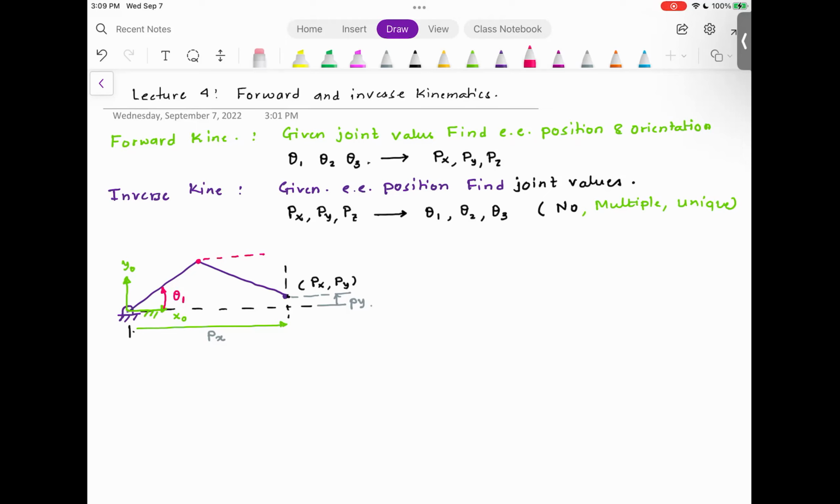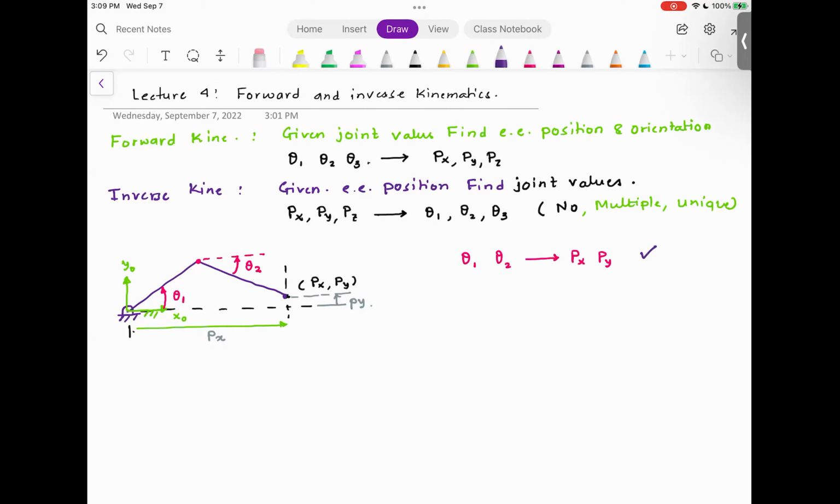I'm not going to solve this problem, but I will just set it up so that it's easier to understand. This is theta 1, and this is theta 2. Let's start with the forward problem. In the forward problem, theta 1 and theta 2 are known, and we find px and py. No problem with that; this forward problem can be solved.